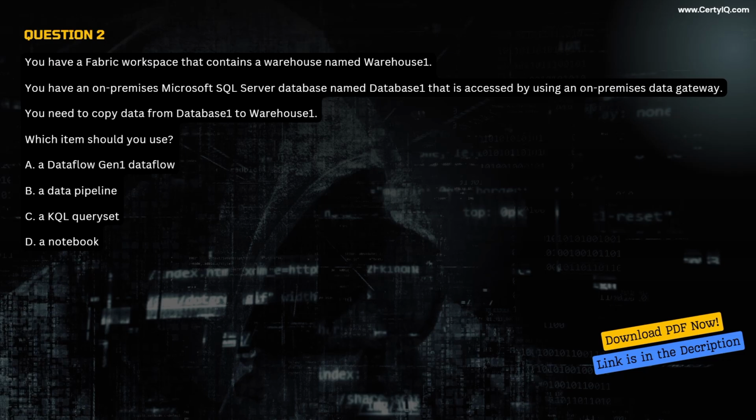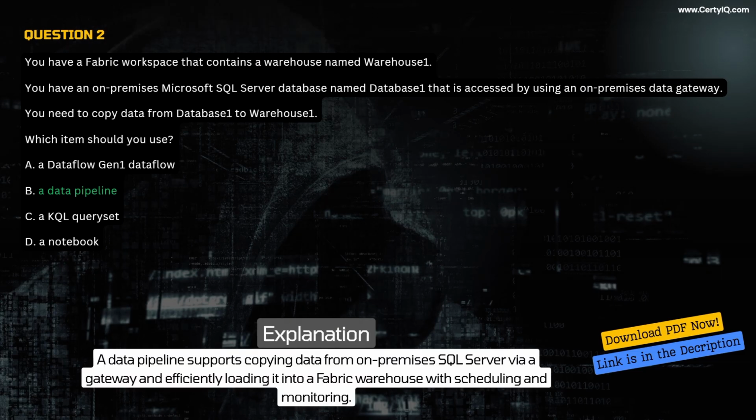B. A data pipeline. C. A KQL query set. D. A notebook. Correct answer B. A data pipeline. Explanation. A data pipeline supports copying data from on-premises SQL Server via a gateway and efficiently loading it into a Fabric warehouse with scheduling and monitoring.